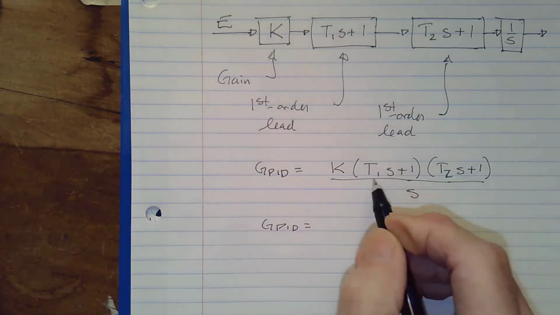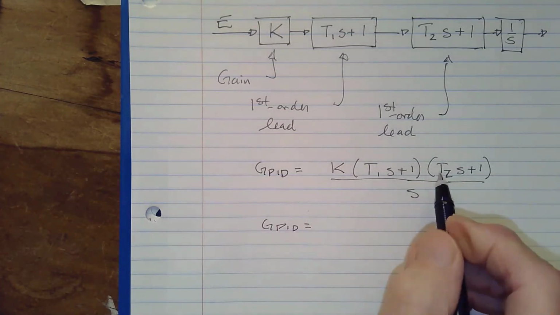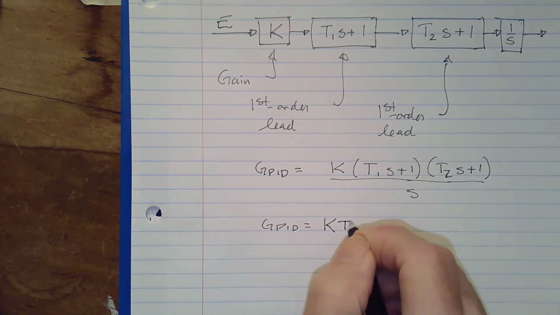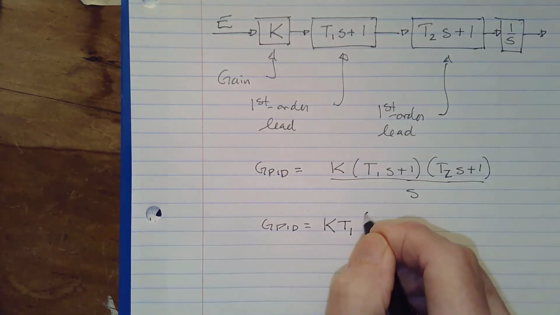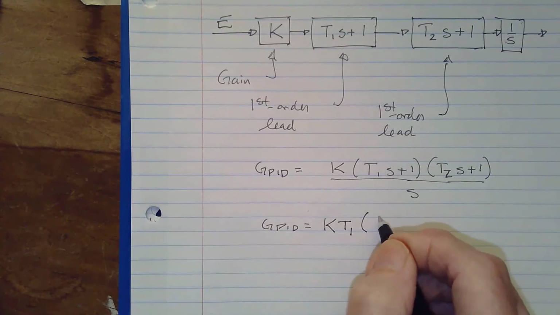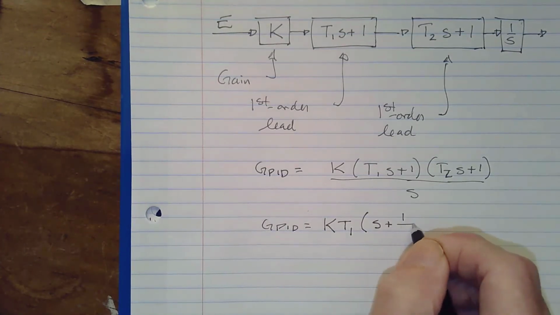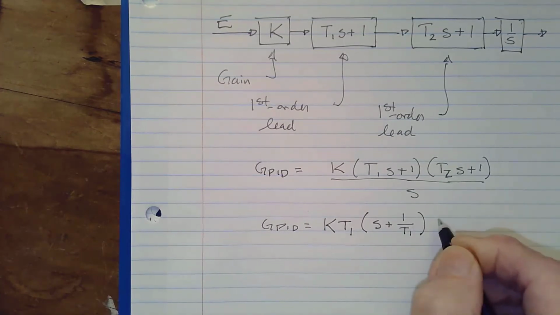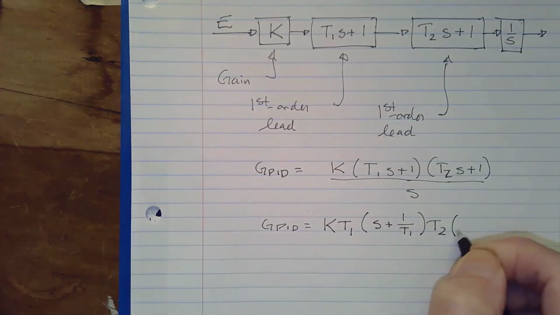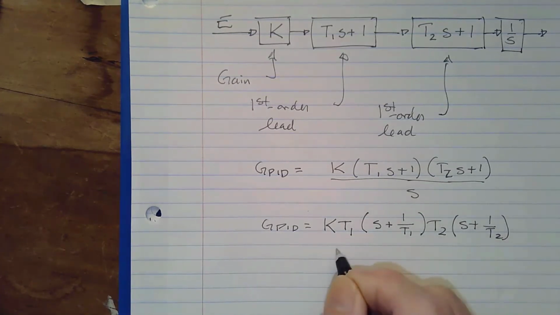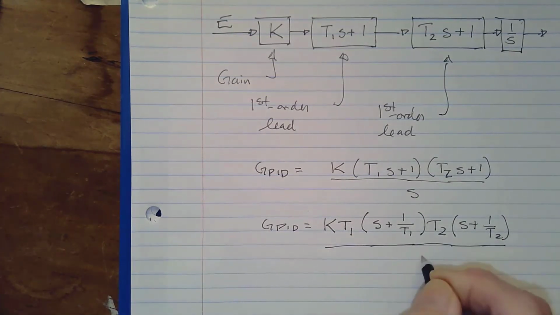G_PID equals, I'm going to pull the T1 and the T2 out, so we can have a K times T1 times T2, and then this will be times (S plus 1 over T1) and (S plus 1 over T2), and then that whole thing over S.